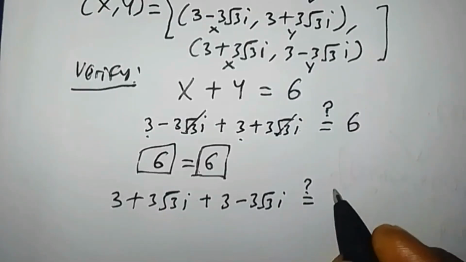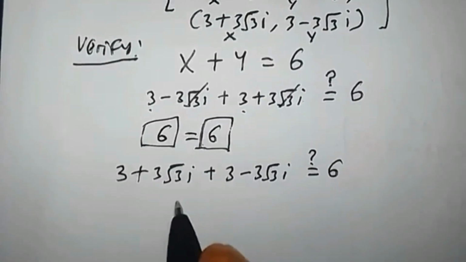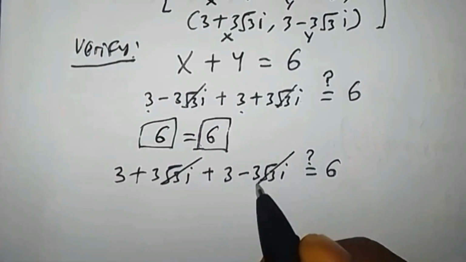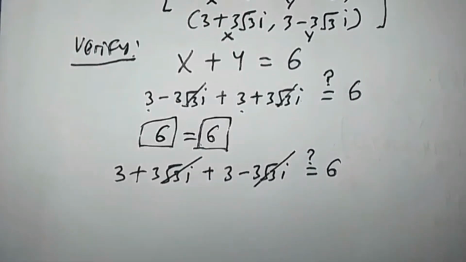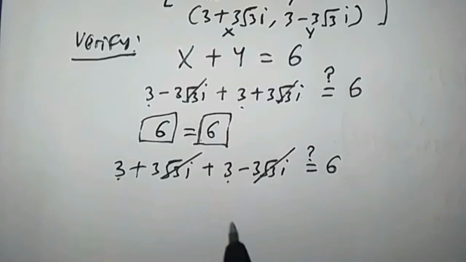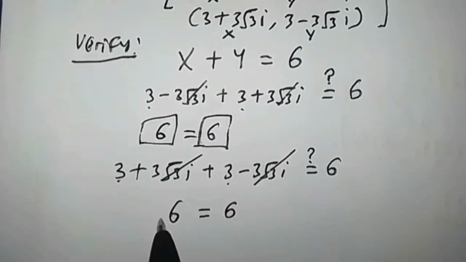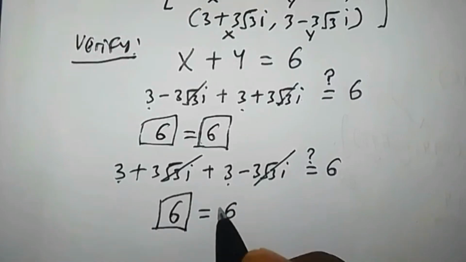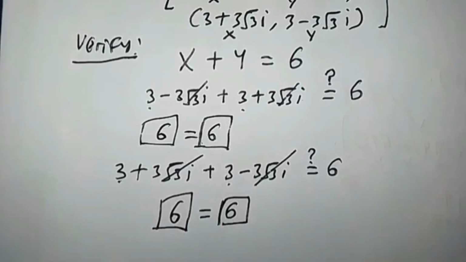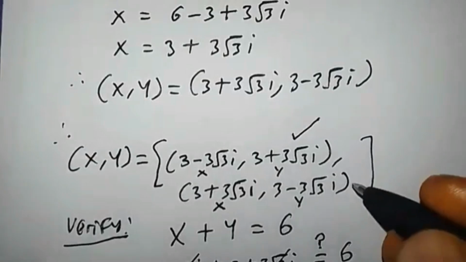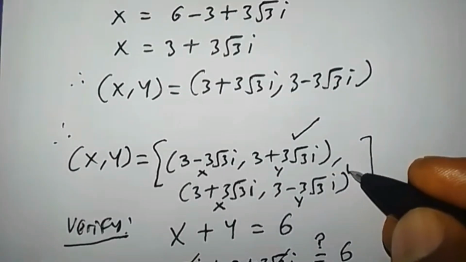That's our claim. Clearly, 3 root 3i minus 3 root 3i, that vanishes. 3 plus 3, 6, equals 6. The left hand side also is the same thing as the right hand side here. That means the second answer that we got is also correct.